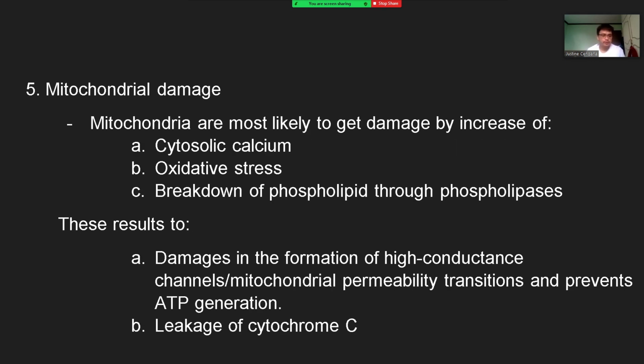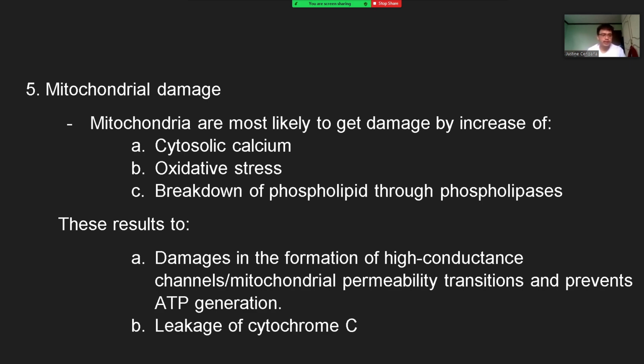Mitochondrial damage. Mitochondria are most likely to get damaged by increased cytosolic calcium, which was discussed a while ago, by oxidative stress, the imbalance between free radical generating and free radical inactivating systems, and by breakdown of phospholipids through phospholipases. The damage caused by phospholipases is at the membrane of the mitochondria.